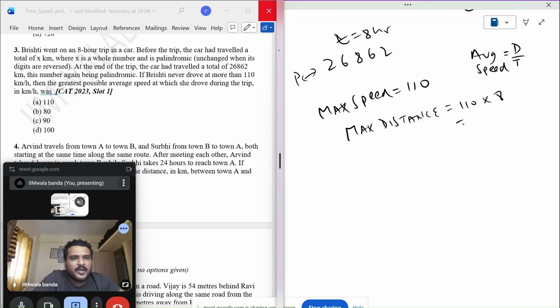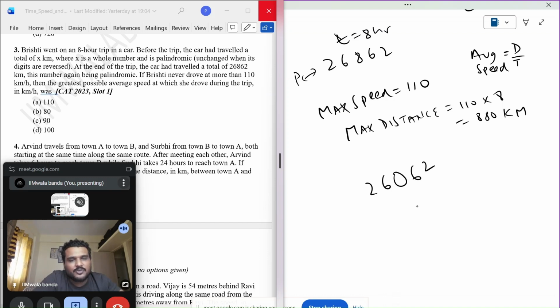110 into 8, 880 kilometers. But the distance will be less than 880 because this is the maximum speed and it has not covered 880. So what could be the earlier palindromic number? If I make it 880, if I reduce, let's make this 0.